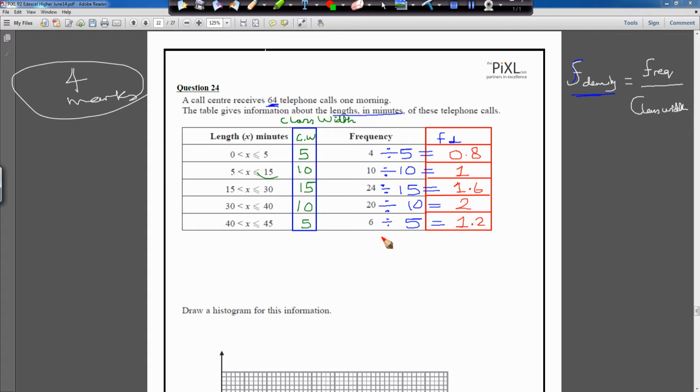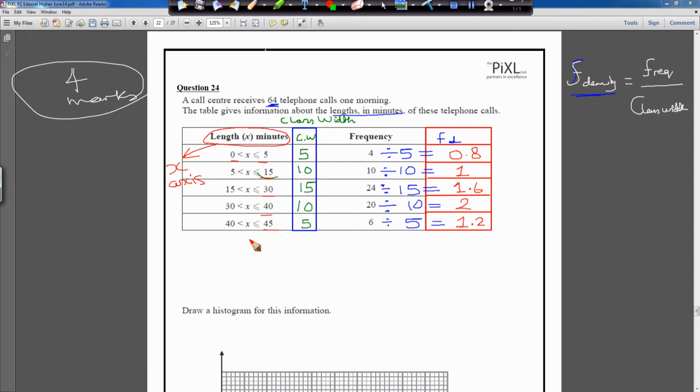Now, when we plot our histogram, the length in minutes will be along the x-axis, and we'll be plotting the points from 0 to 5, then 15, 30, 40.